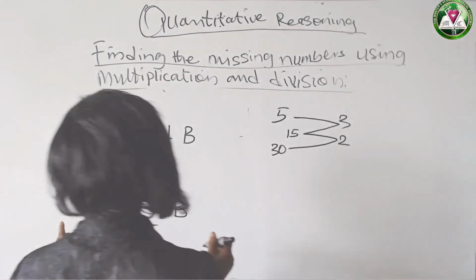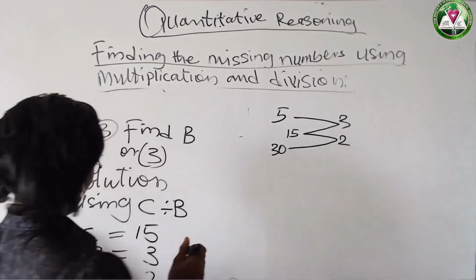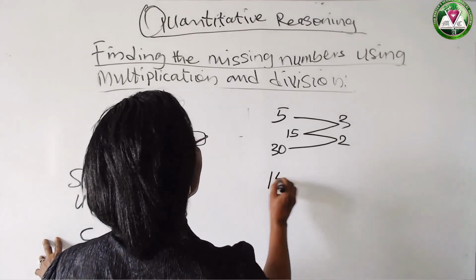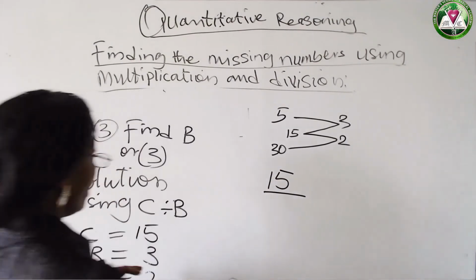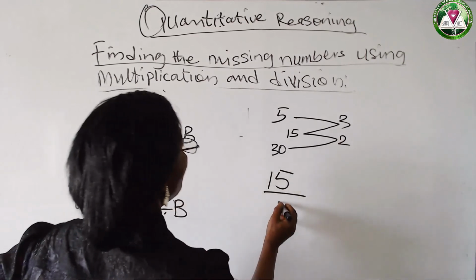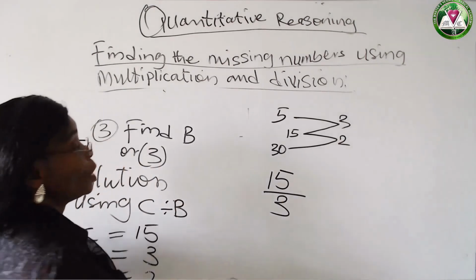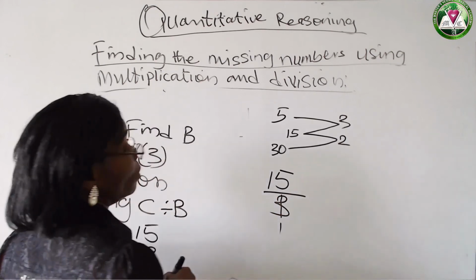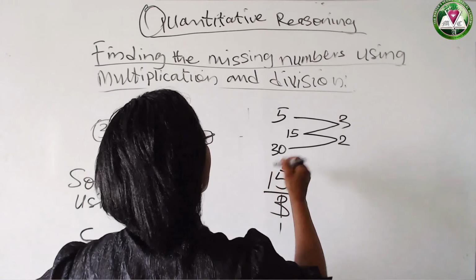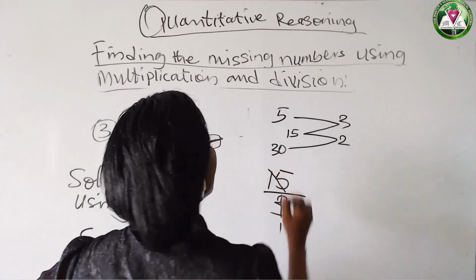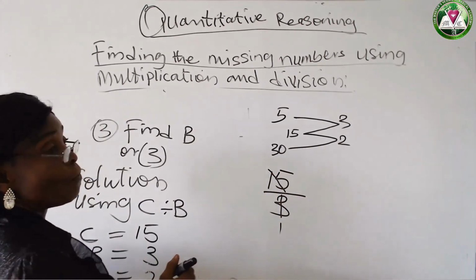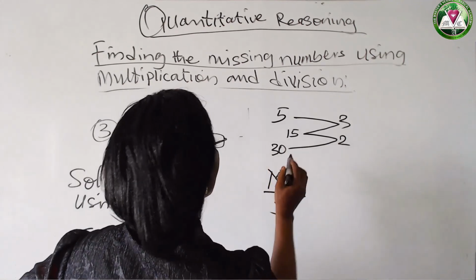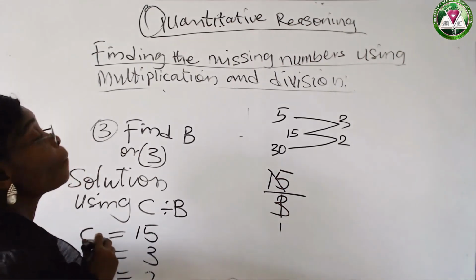Then, divide C by B. So, let's go. That is 15 divided by 3, which is B. 3 divide itself, 1. 15 divided by 3.